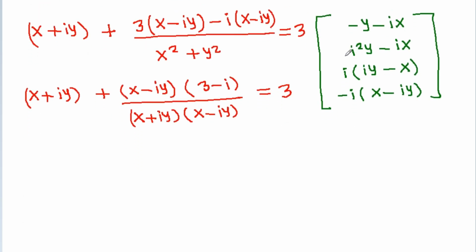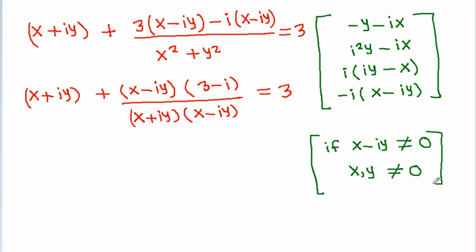If x minus iota y is not equal to 0, then we can cancel x minus iota y, and x minus iota y not equal to 0 means x and y both are not equal to 0.